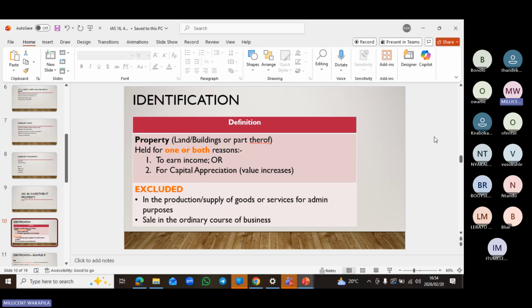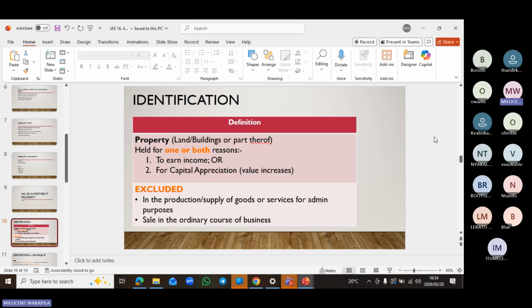And the one for sale in the ordinary course of the business is inventory. So the ones that are excluded have specific standards that are applicable to them.